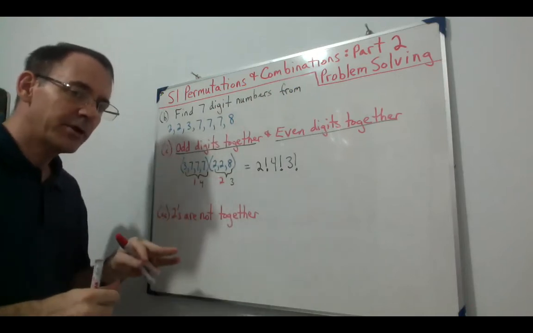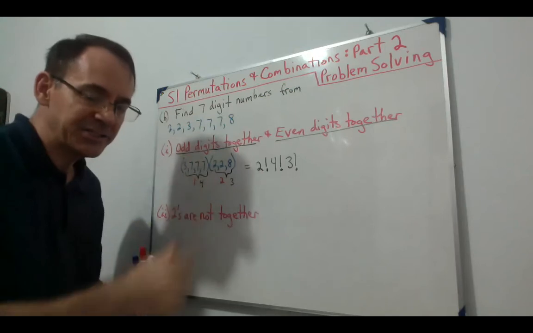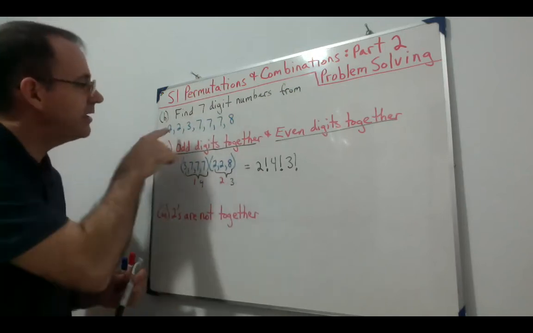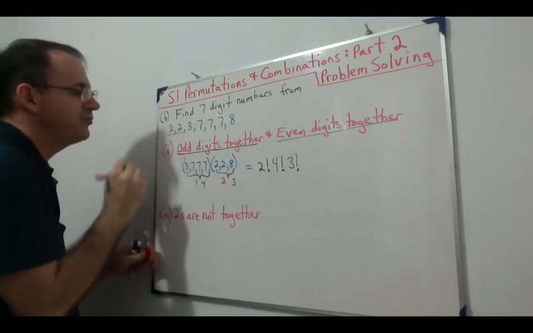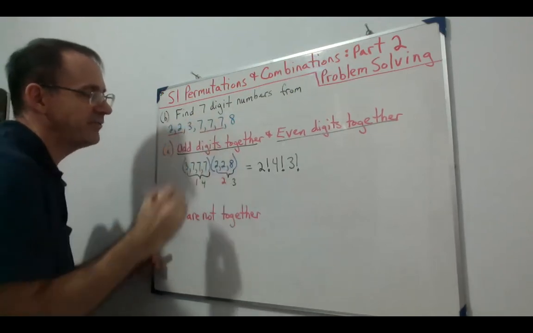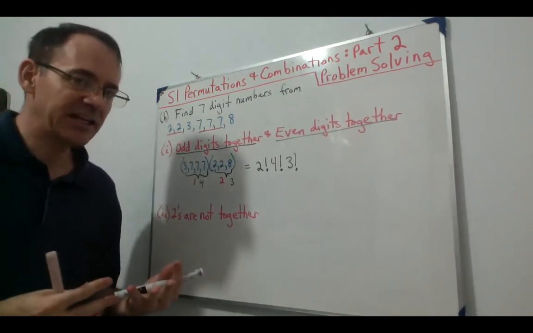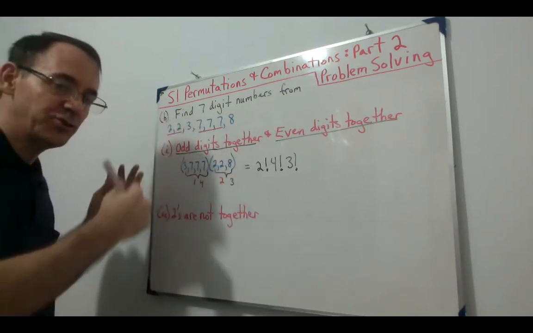But if you remember, there was a 4th point in our action plan, and that had to do with identicals. So here we have identicals. We have 2s that are identical, and we have 7s that are identical. So that means we cannot distinguish which 7 is where and which 2 is where.